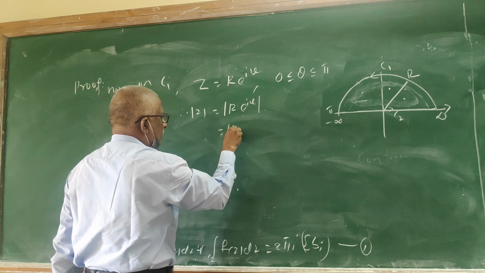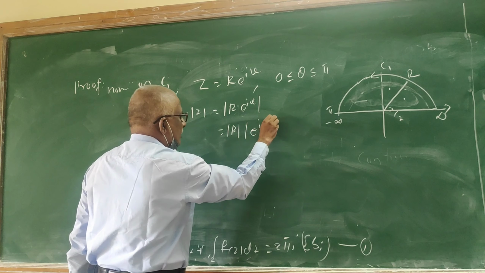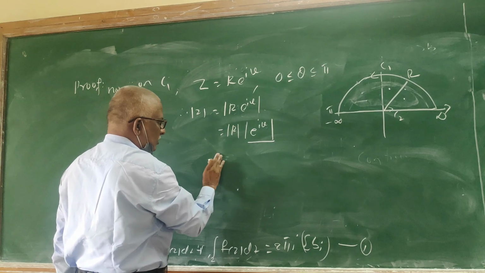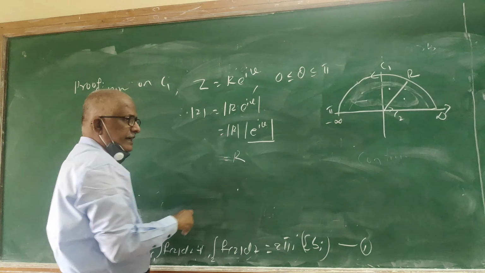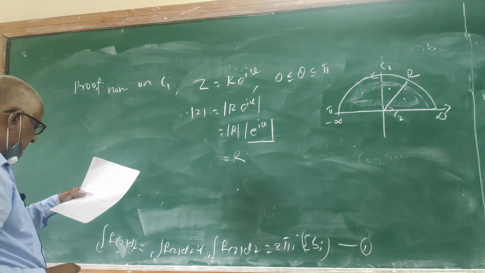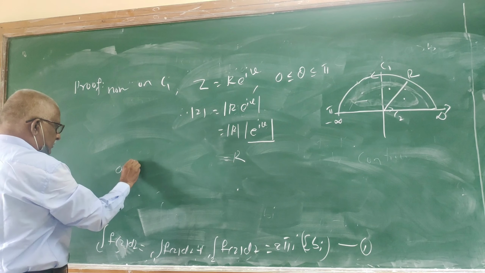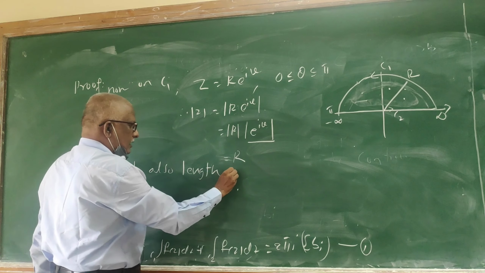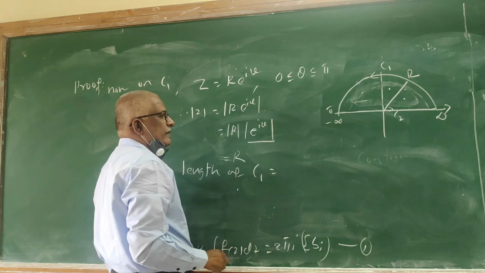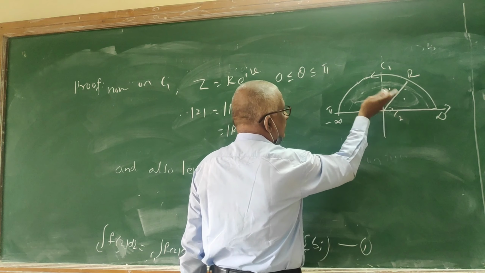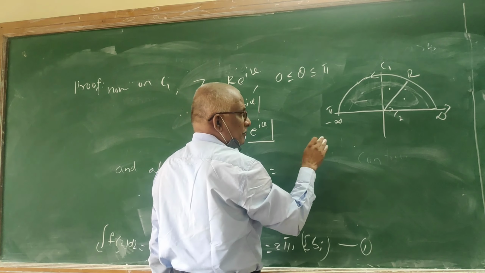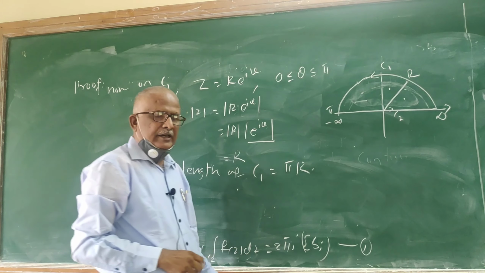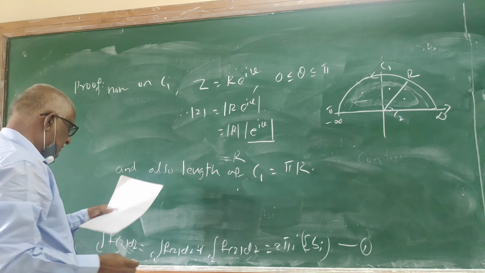This is mod r into mod e raised to i theta, but mod e raised to i theta is 1. Therefore, mod z equals r. Also the length of C1: it is a semicircle above the real axis, so half of the total length. This will be pi into r.